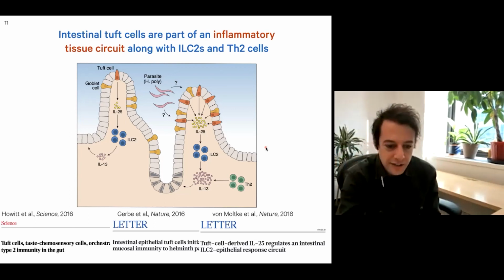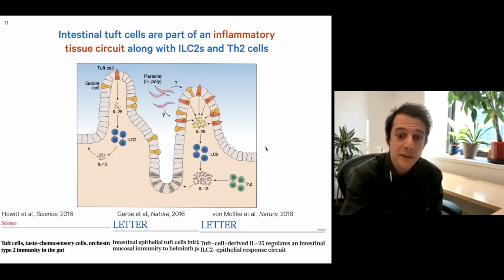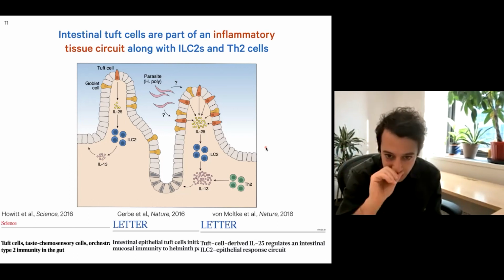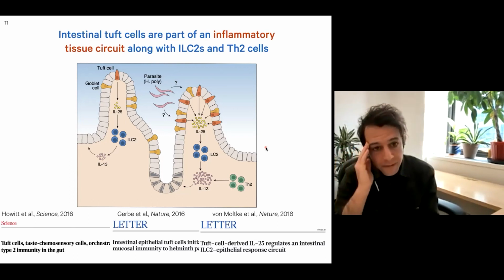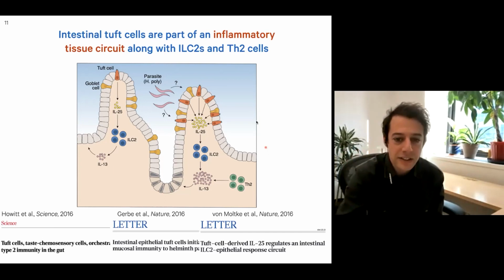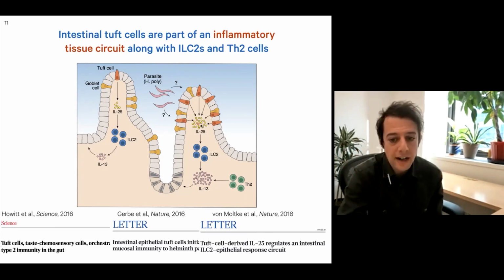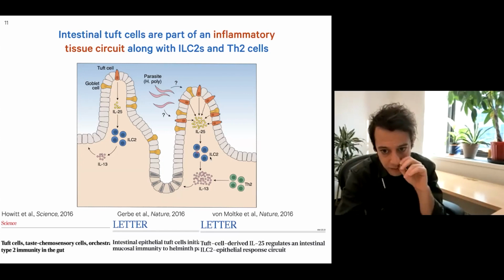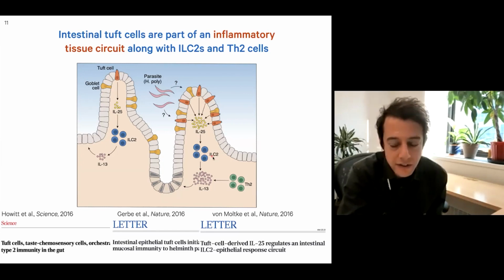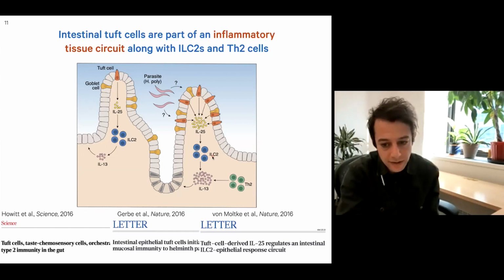But they were sort of a curiosity from the 1950s when they were discovered up until 2016, when these 3 high-profile papers identified that they actually sense the presence of H. polygyrus, which is a parasitic worm, and secrete cytokine IL-25, which can induce proliferation and activation of tissue-resident innate lymphoid cells, which then produce IL-13, which acts on the intestinal stem cell to drive the production of goblet cells. So this is sort of homeostasis on the left.